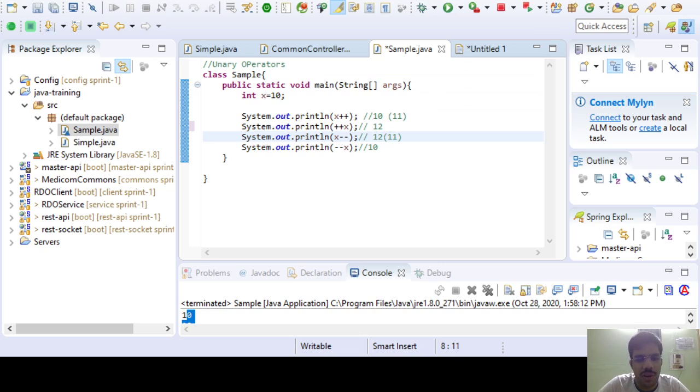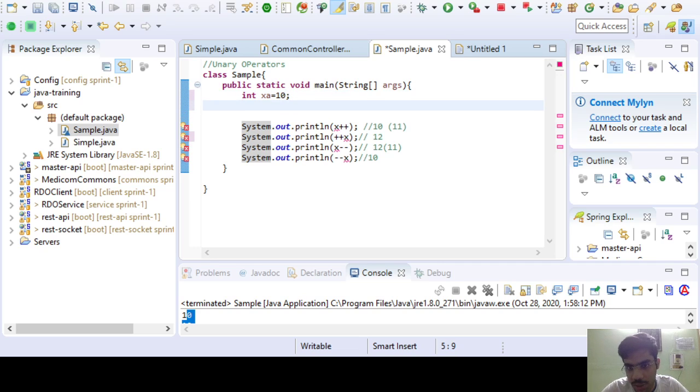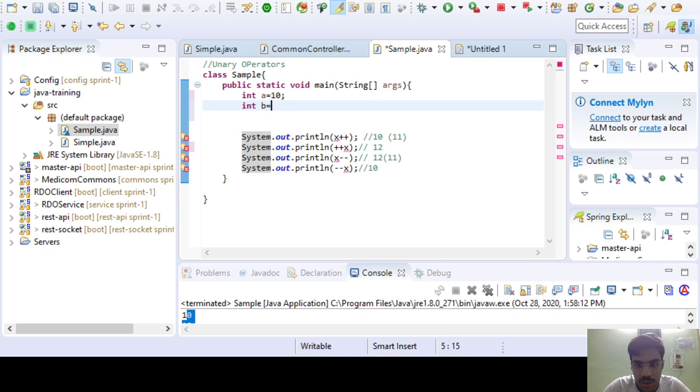Next, if you want more examples regarding the unary operator, or you find confusion in this program, let's talk about two variables, a and b. We will keep a as 10 only, then int b equal to 10. Let me remove these two examples.